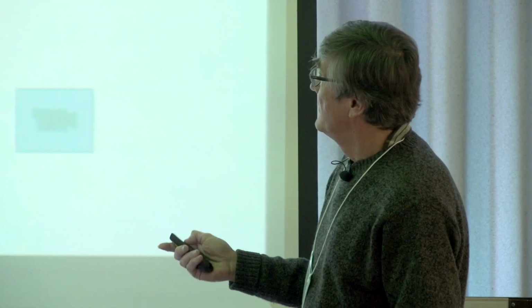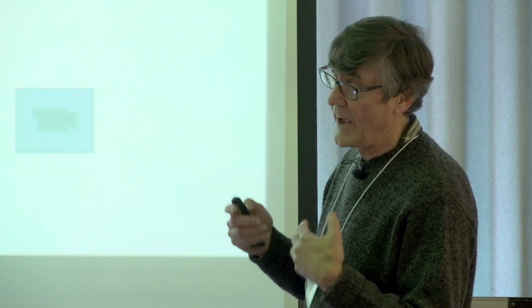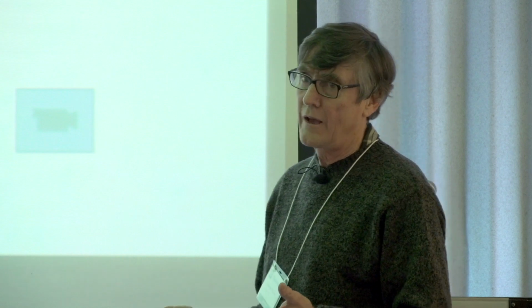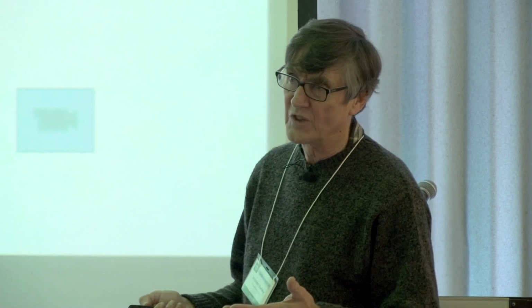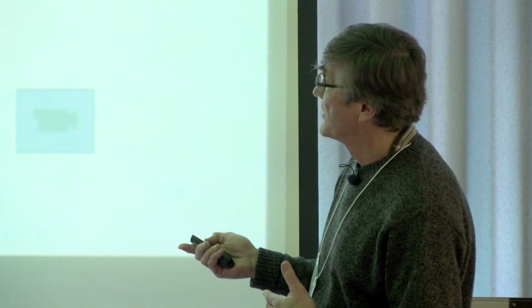And then for recharge, we look at development intensity, and we're actually using the USGS recharge equations that they've developed for Puget Sound. And those actually do the same thing. They look at the high, medium, low density development, and they apply a coefficient to that, which reduces the amount of recharge based on the development type.